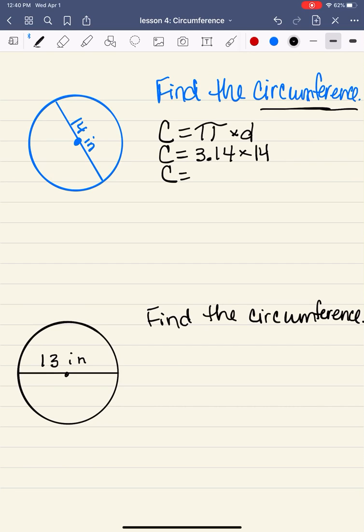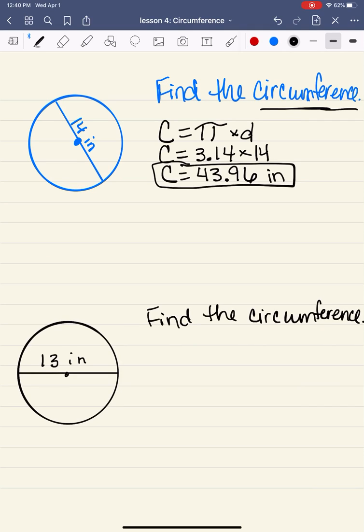Okay, if you want to use your calculator and punch that in. In your assignment today, they are not going to have you round it, so I'm going to leave it in that full number and put my label of inches on.